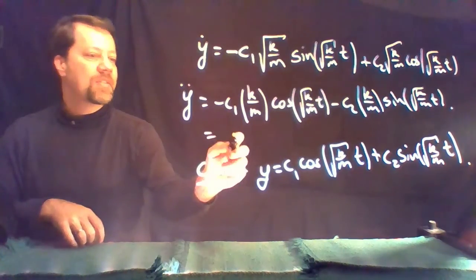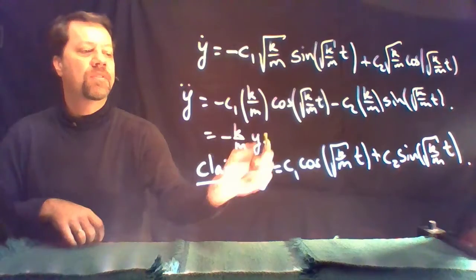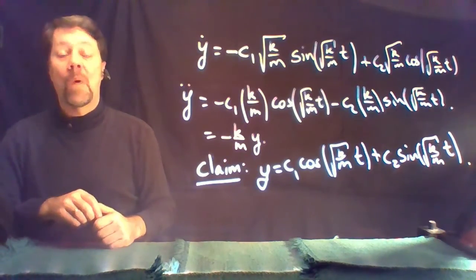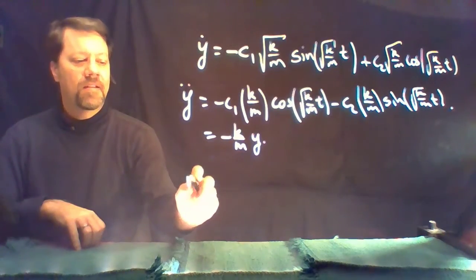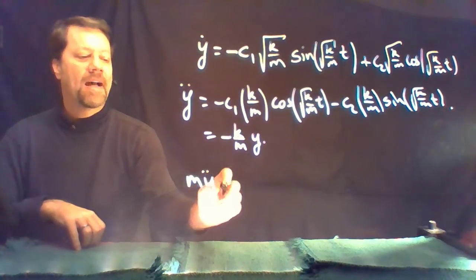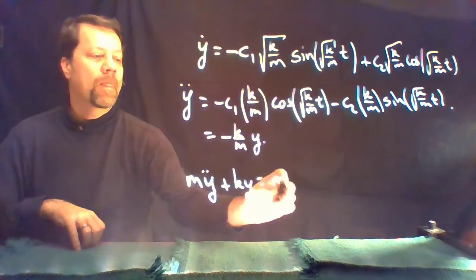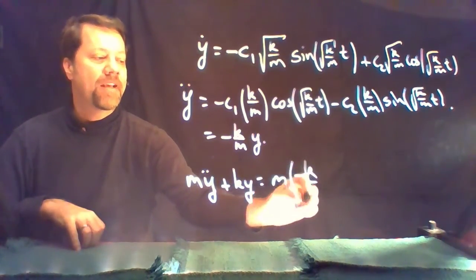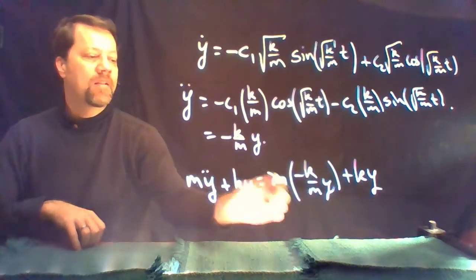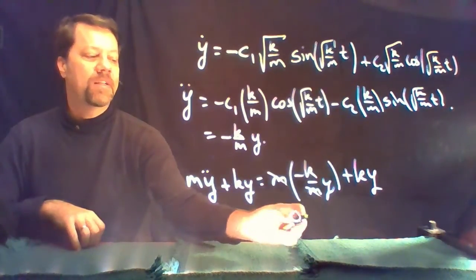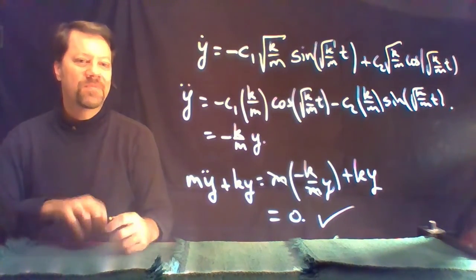Notice that this is negative k over m times the original hypothesized function y. It follows that m y double dot plus ky will be m times minus k over m y plus ky. The m's cancel and we end up with 0, which demonstrates that the claim was true.